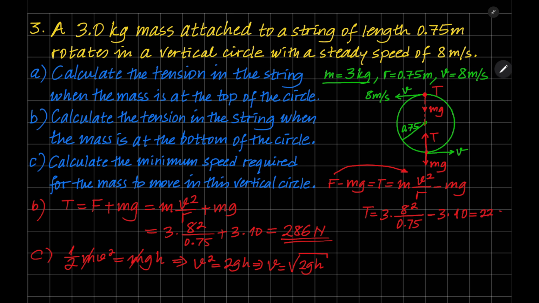Then velocity is equal to the square root of 2 times 10 times h, where h is the diameter of the circle. It is 1.5 meters. And this is equal to 5.5 meters per second. That's the answer.